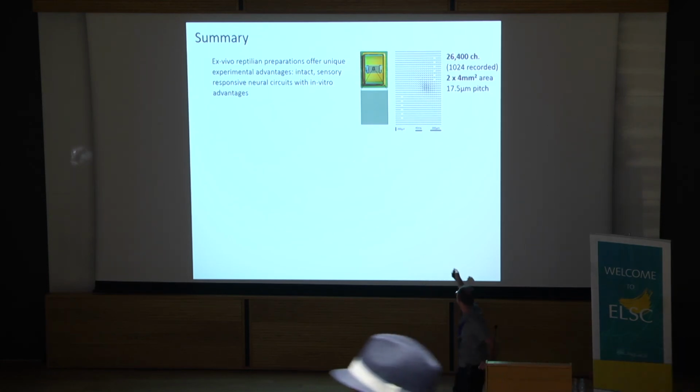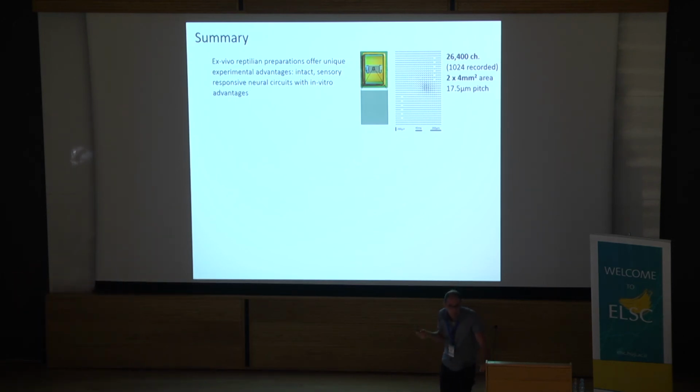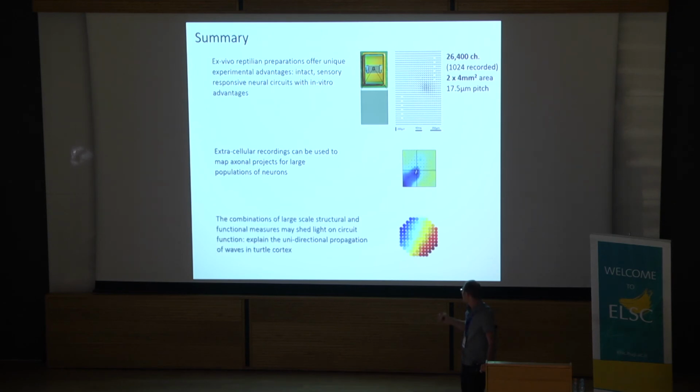Today we have these CMOS arrays with 26,000 electrodes, and we can do all of this with very high resolution. And using this stability, we were able to show that you can extract these projection fields from single neurons and say something interesting about the dynamics or the mechanisms that allow specific dynamics in these cortices.